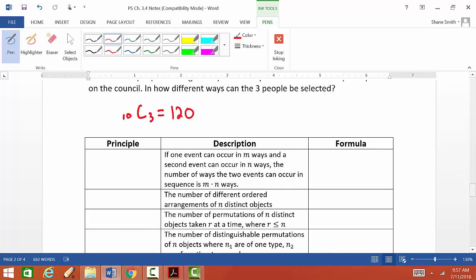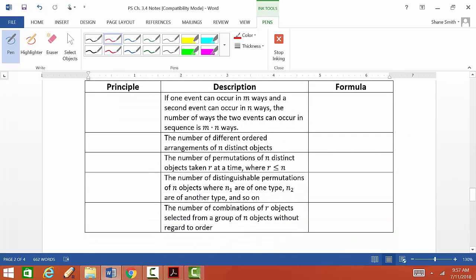All right. So in terms of counting, we talked about in section 1 the fundamental counting principle, which is m times n.